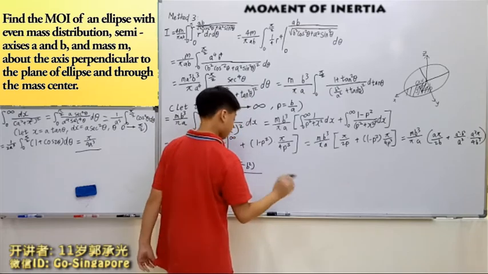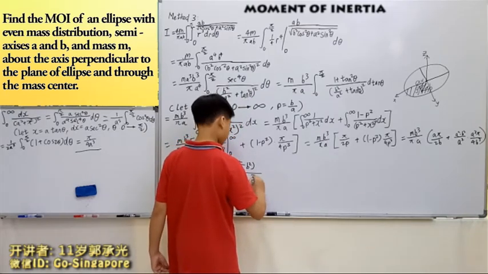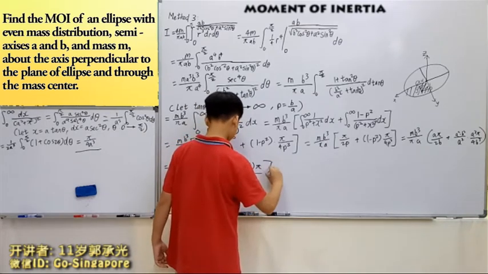Then I have to over 4b cubed, and you also have a pi there.